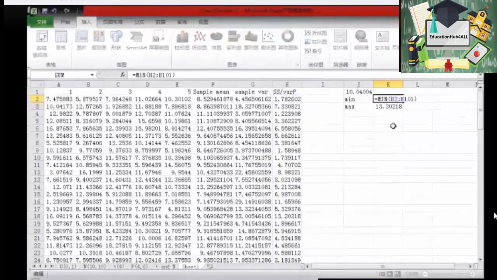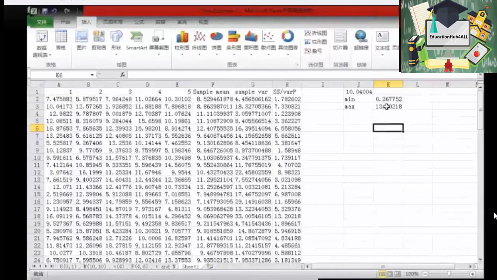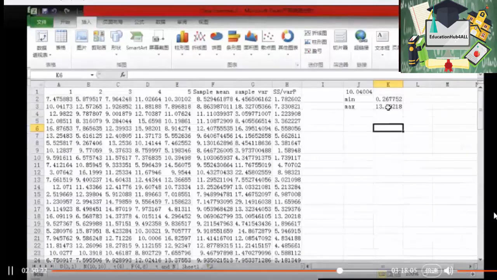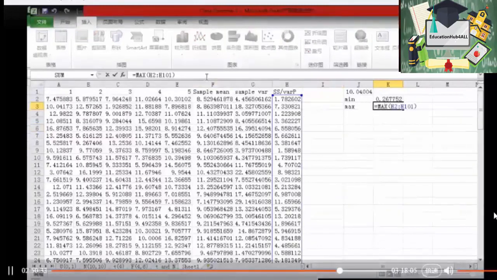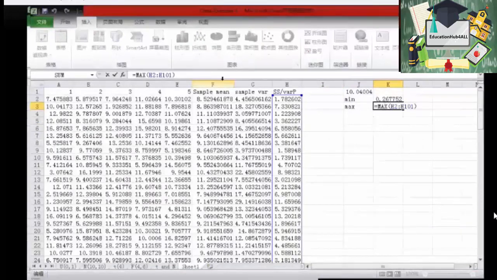Yes, we should have a very similar value. The maximum on my computer is 13. Usually we also have something around 13. You have 1.38? I mean the maximum.